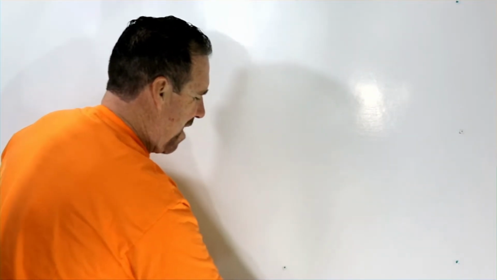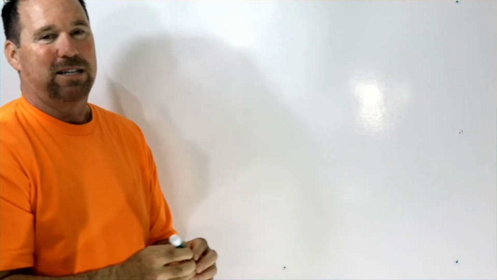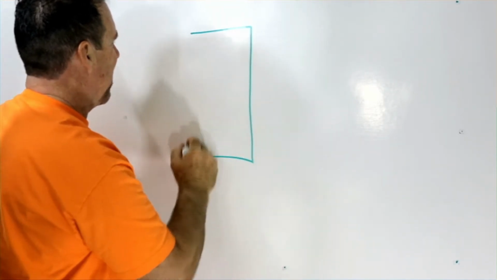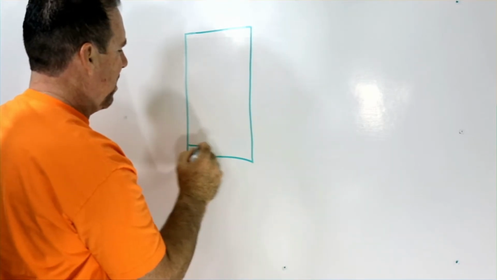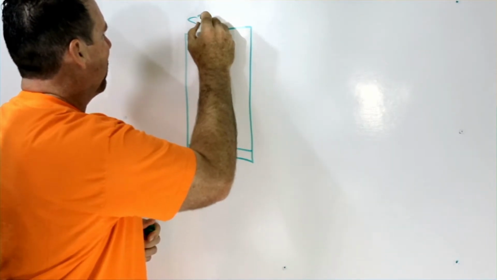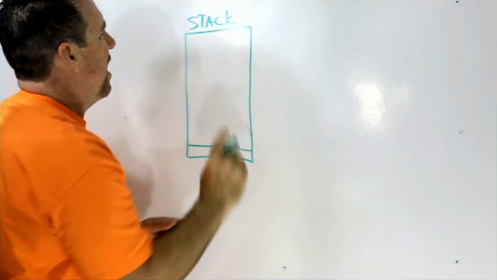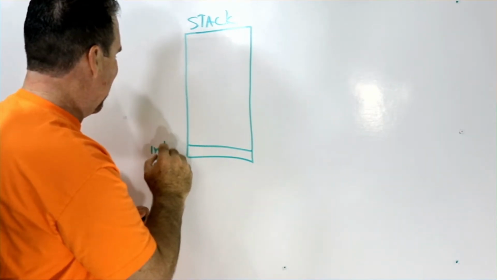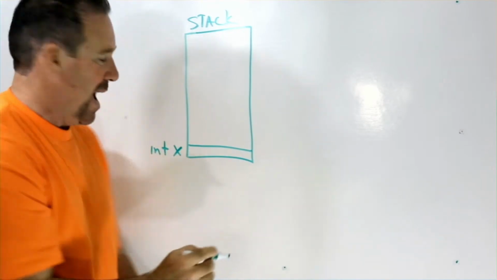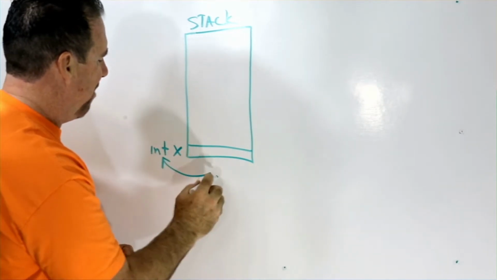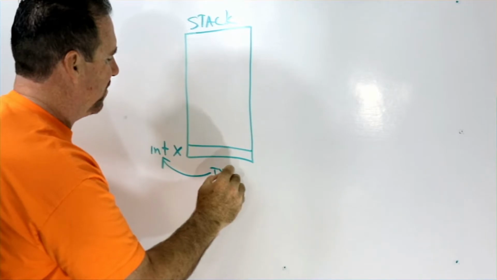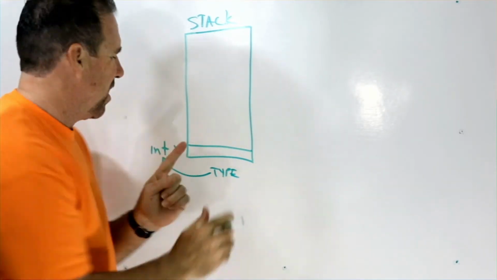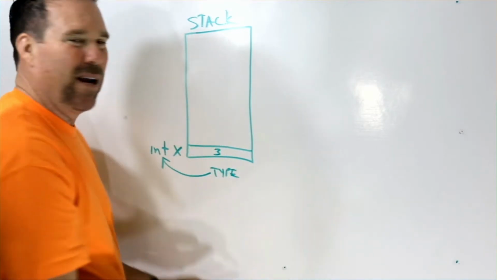All right, so now let's talk about computer science classes and objects, and let's draw two things that I think will clear this up for you. Okay, this is the stack memory. And you're used to stack memory, because remember, if you made an integer, an int x, you had to say what type of memory it was. But you could only store one thing there, let's say like the number 3.